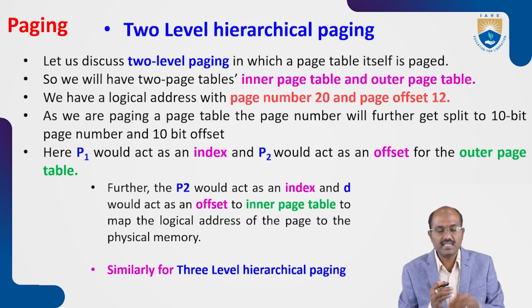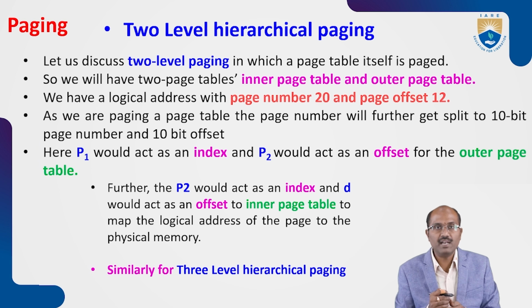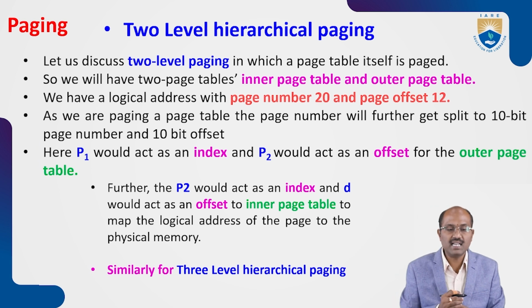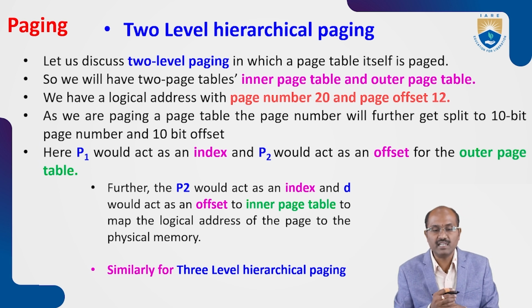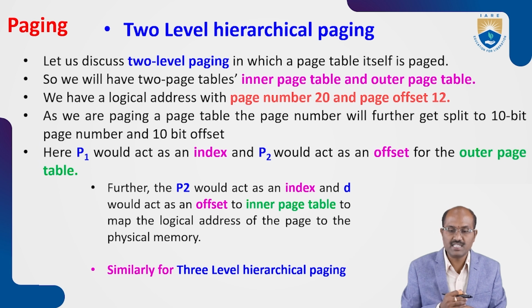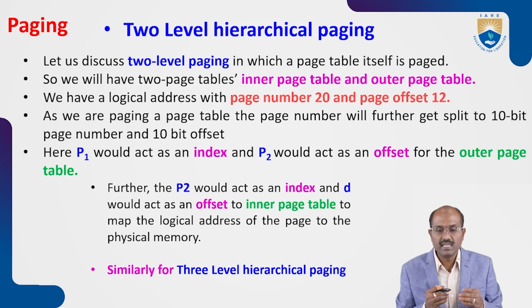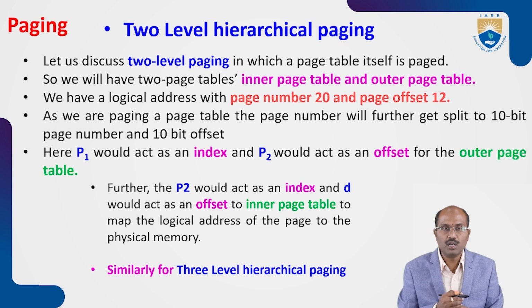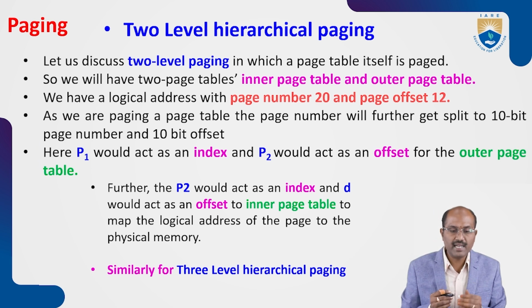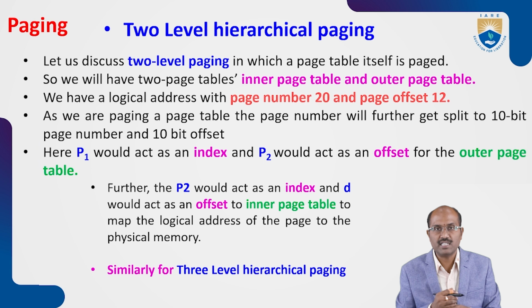Let me discuss the two-level page table in detail. In two-level paging, the page table itself is paged, so we have an inner page table and an outer page table. We give the logical address with page number 20 and offset 12.